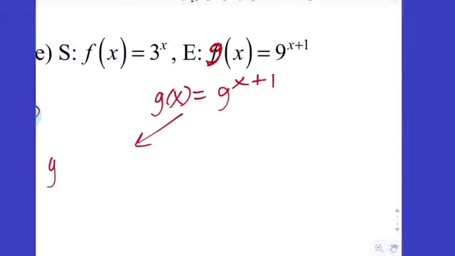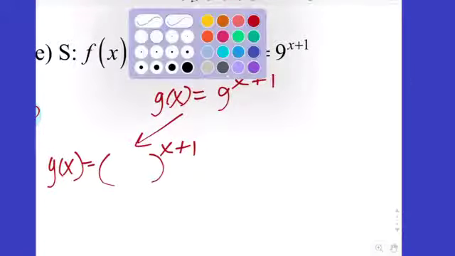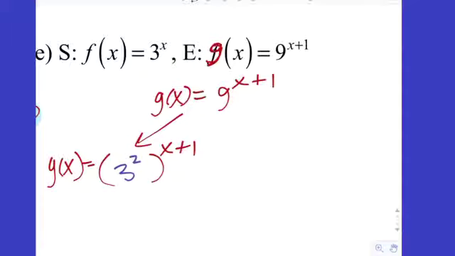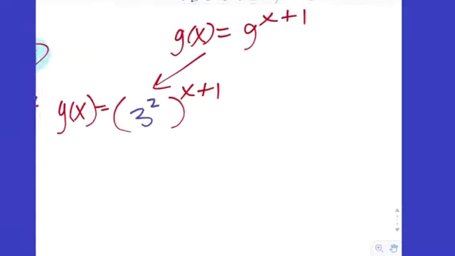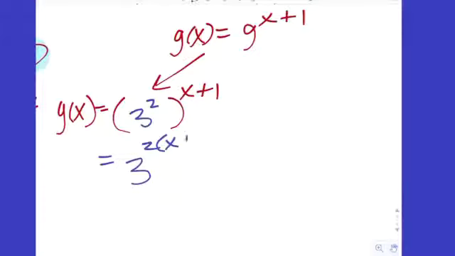So let's put a fork in the road because there's two ways to do this. If we go down the left fork, that would be the same thing we just did. It's something to the x plus first power, and we replace 9 with what? 3 squared. Okay? Now if you multiply, you get 3 to the 2 times x plus first power.